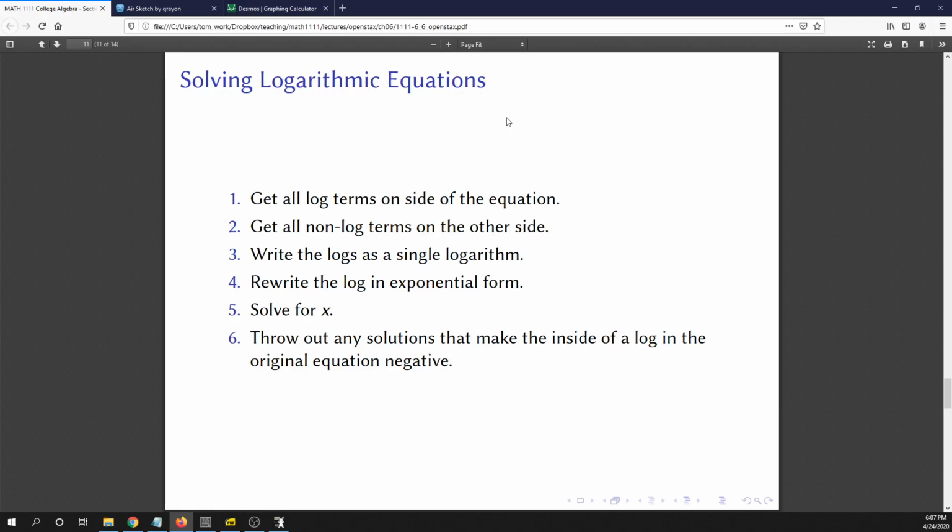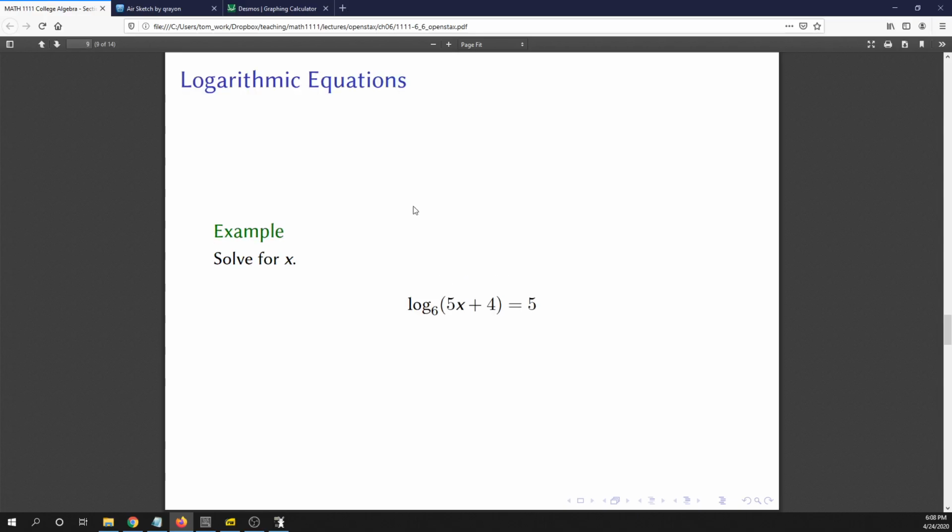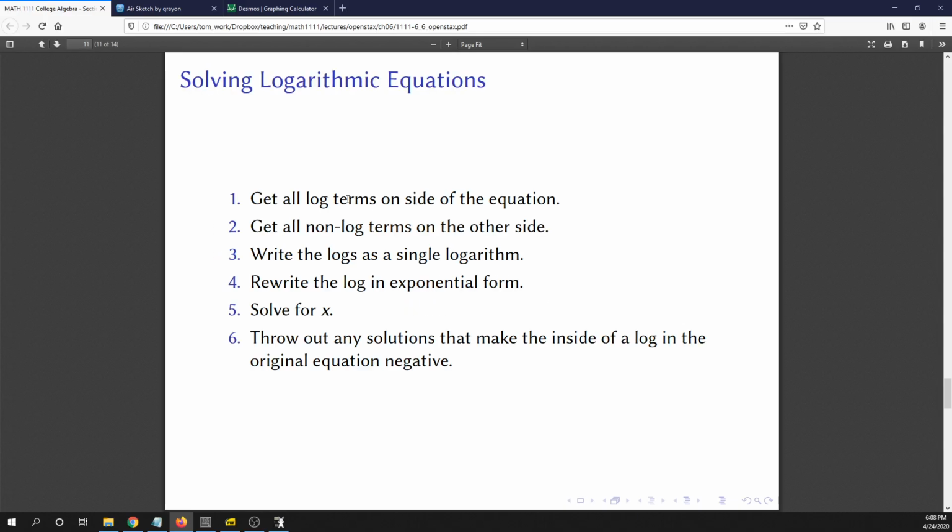All right, and so the general steps for solving a logarithmic equation are to get all of the log terms on one side of the equation. We haven't had one where we've done that yet. So far, the two examples have been where all the log terms are on one side of the equation. And so you would just add or subtract to get all the log terms on one side and all the non-log terms on the other side.